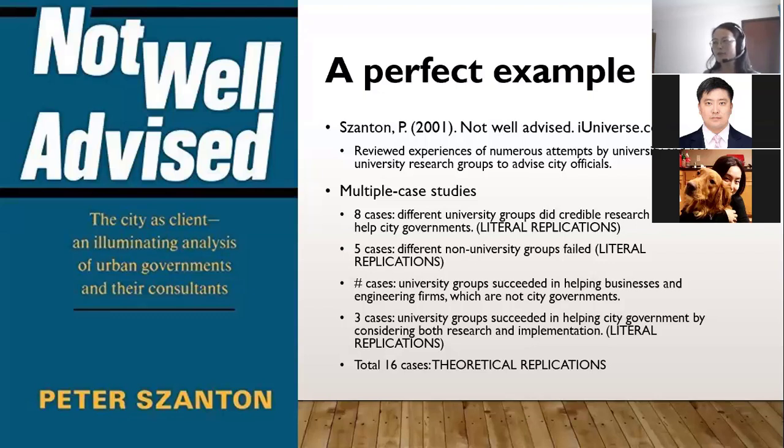Okay, so the fourth group is 3 cases. These are university groups that succeeded in helping city government officers by considering both research and implementation. So that is also literal replication. All 4 groups by themselves are literal replications, showing similar results. But if you combine them in one study, that is theoretical replication, because they also represent 2 different contrasting results.